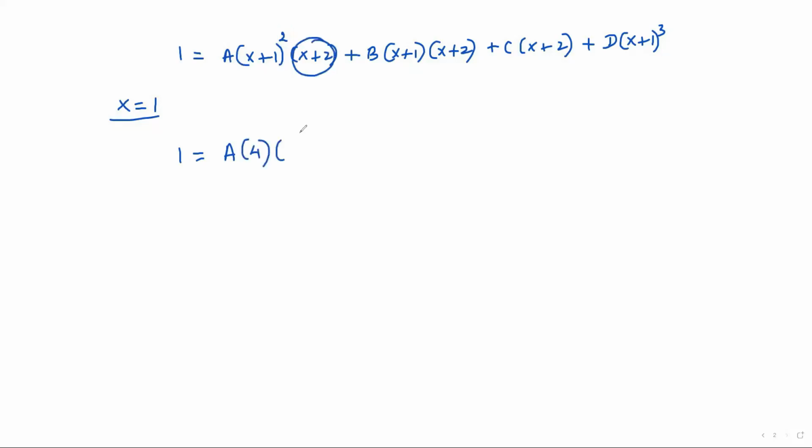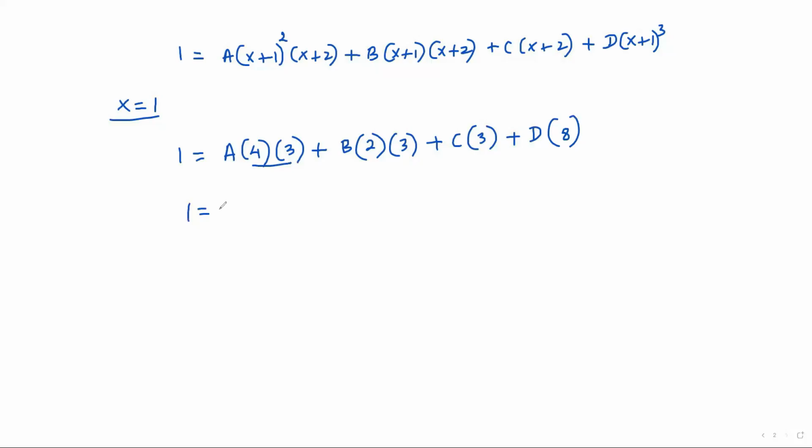And this part 1 plus 2 will be 3, positive B times 1 positive 1 will be 2, 1 positive 2 will be 3, positive C times 3, positive D times 1 positive 1 will be 2, and 2 to the third power will be 8. So 1 is equal to 4 times 3 is 12A positive 2 times 3 is 6B positive 3C positive 8D.